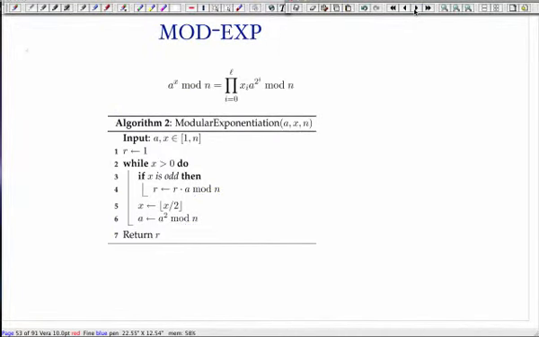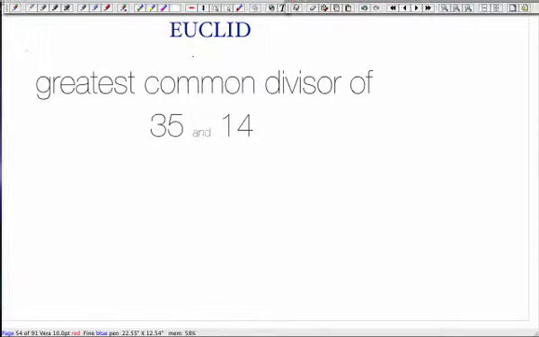Second idea, this is an algorithm that Euclid came up with. It's the greatest common divisor of two numbers. So in your head, what is the greatest common divisor of 35 and 14? Fantastic. And how did you do it?